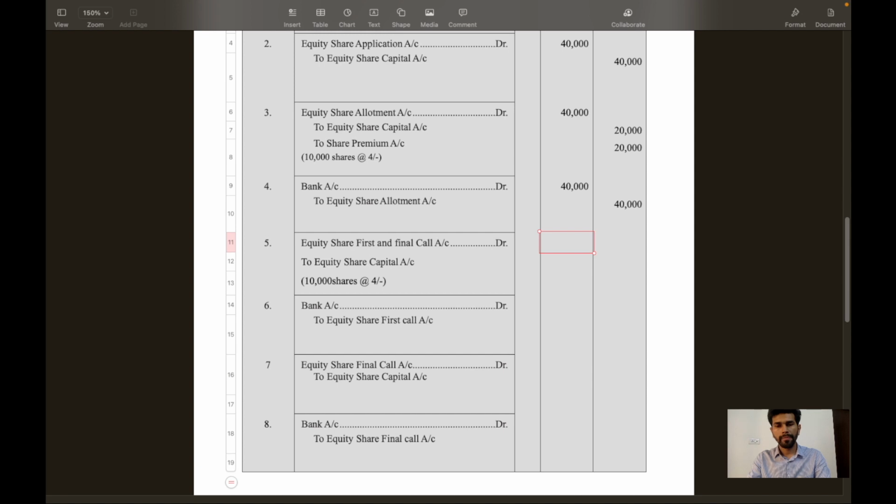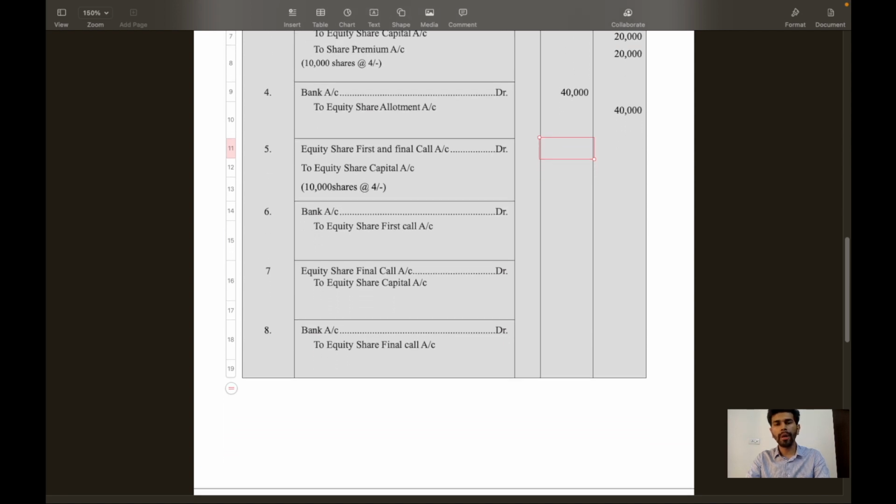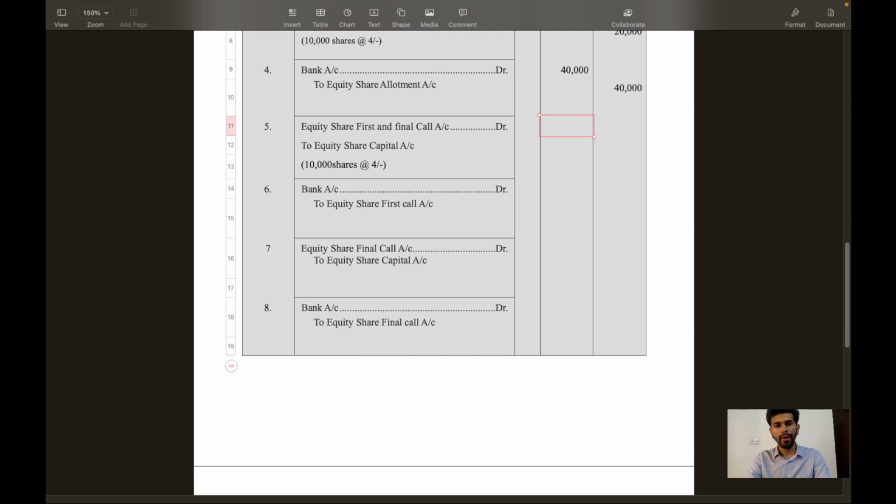So the entry will be equity share first and final call account debit to equity share capital account. The amount will be 40,000 rupees on the debit side and 40,000 on the credit side. Narration: being first and final call due on 10,000 equity shares.